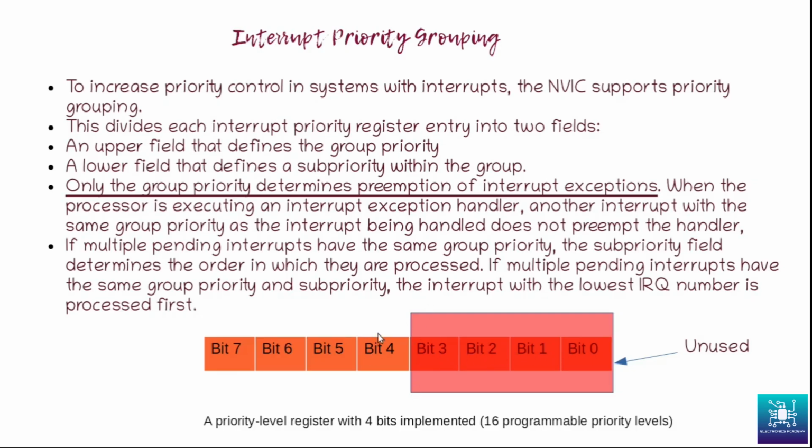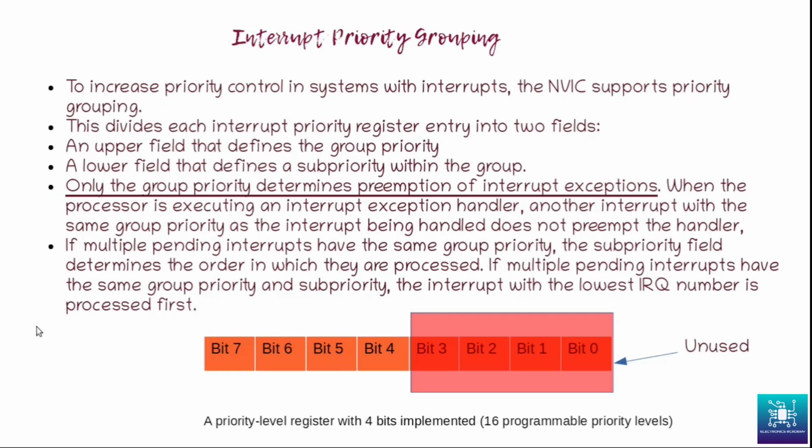So if you have to set an interrupt priority to, say, 4, it has to be shifted to the higher 4 bits of the register. So you say 4, and then you have to do a left shift by 4 places for it to appear here. So that is something that you have to remember.